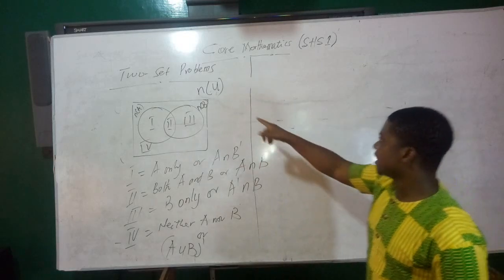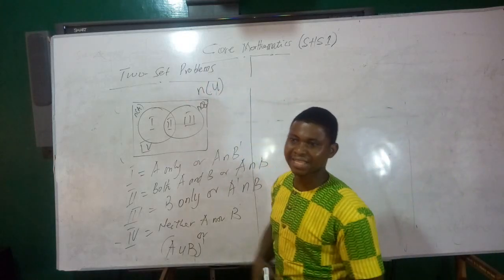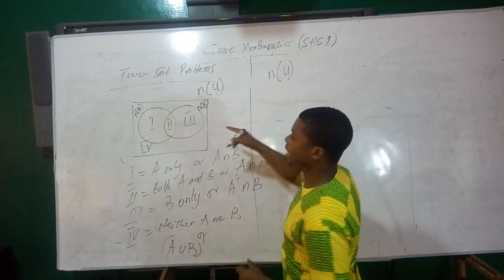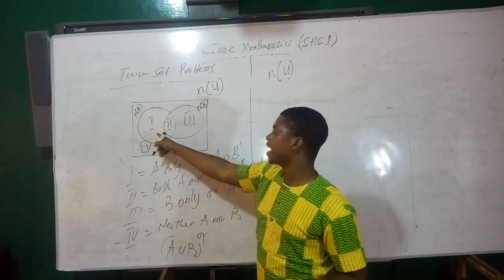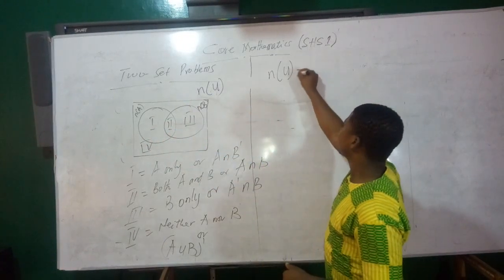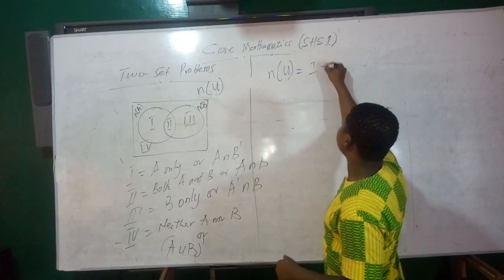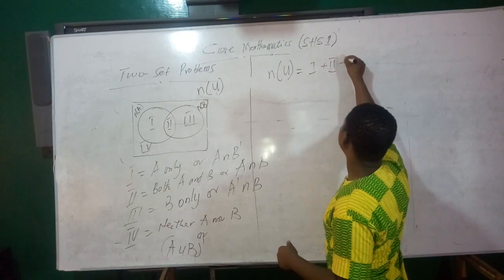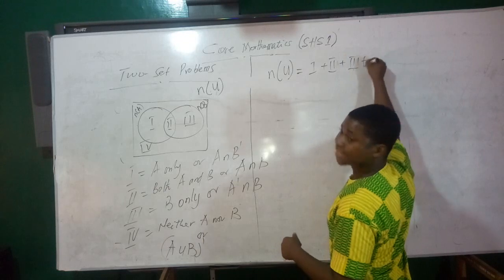When you look at this, we also have n of U. That is our universal set. So the number of the universal set comprises I plus II plus III plus IV.